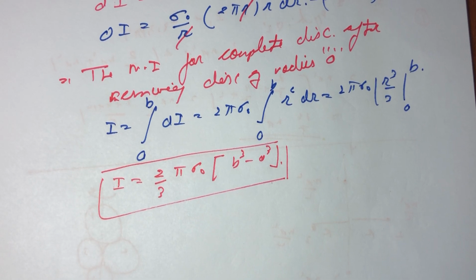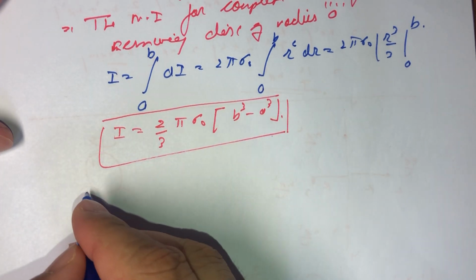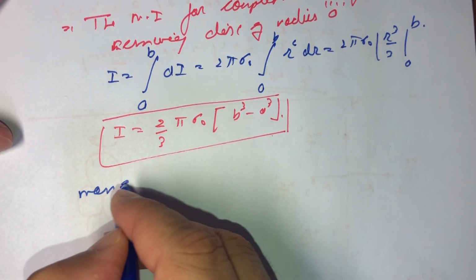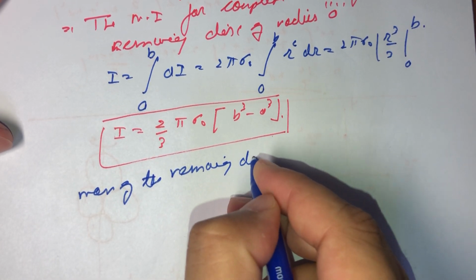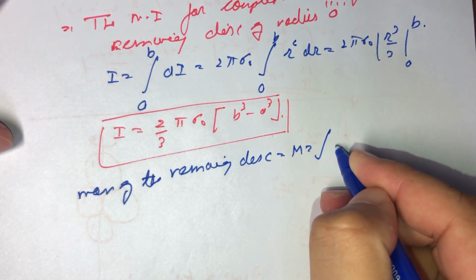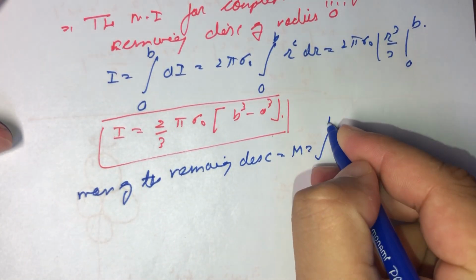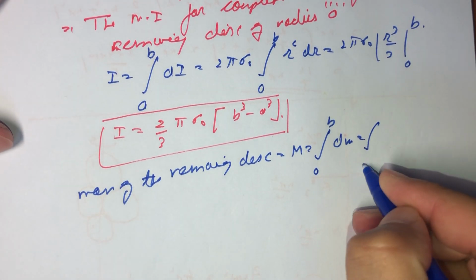We are also supposed to find out the mass of the remaining disk. So you can say the mass of the remaining disk is equal to capital M, which is the integration of dm from a to b.